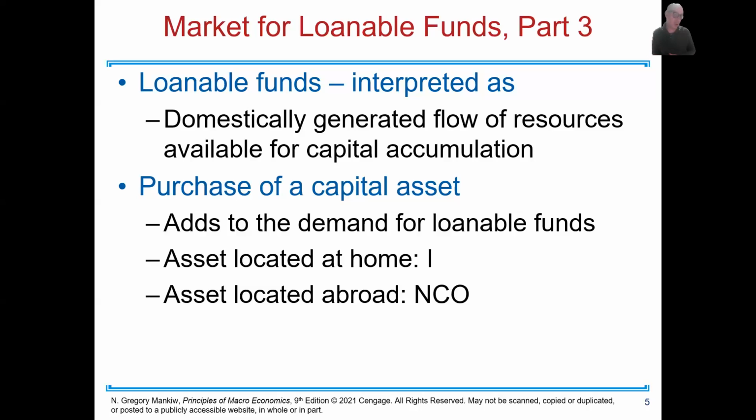Because it's a multinational corporation, it has property, plant, and equipment invested in the United States and abroad. The investments and the net capital outflows. It uses loanable funds to do those things.